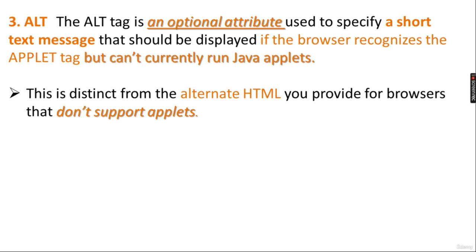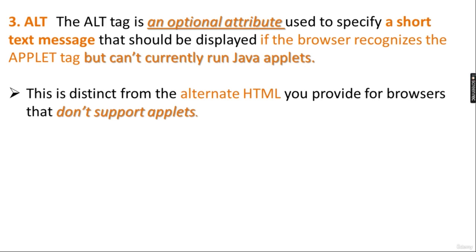So it is not compulsory. It's an optional attribute. This is distinct from the alternate HTML you provide for browsers that don't support applets. The alternate HTML is different and the alternate text is different.